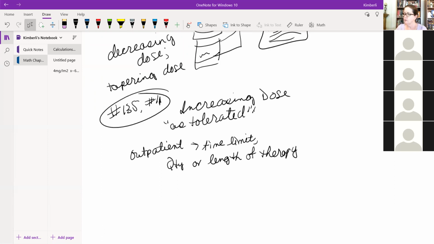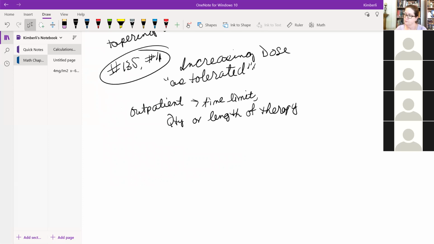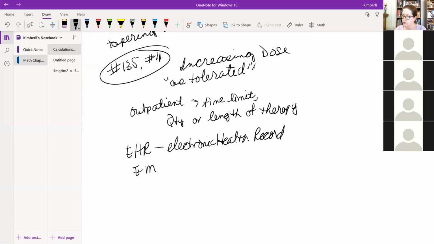These days, we have something called an electronic health record. So this includes things like an EMR, and the MAR, which is the medication administration record.